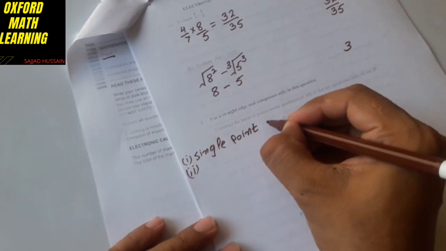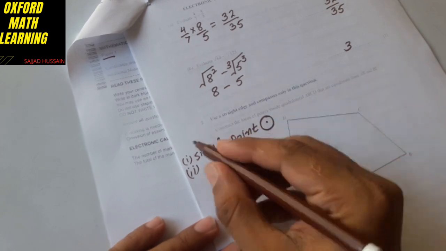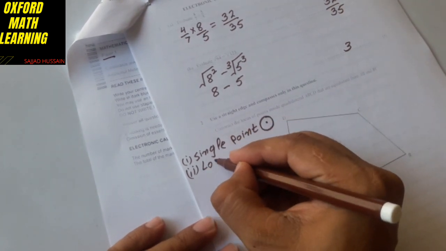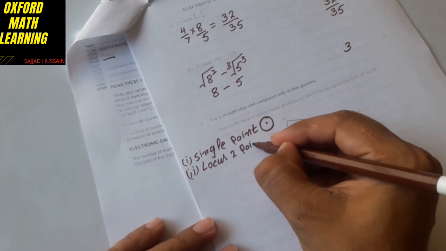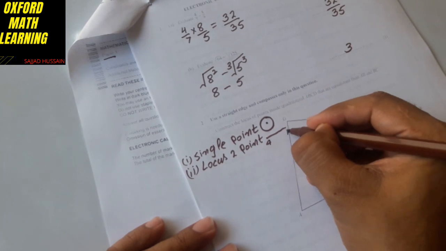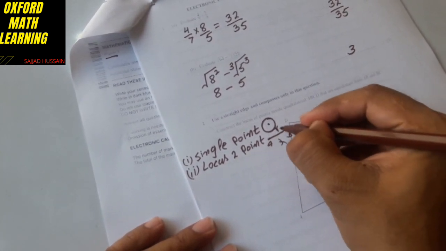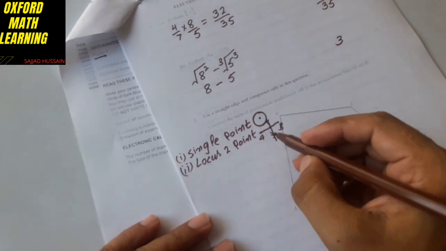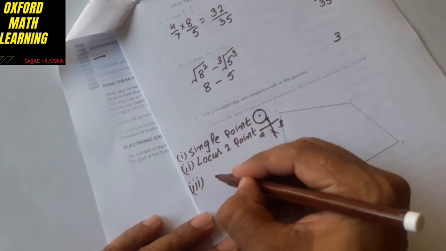Single point locus means to make a circle on a single point. Locus of line, locus of 2 points, it means A and B, so it means to write a perpendicular on AB.